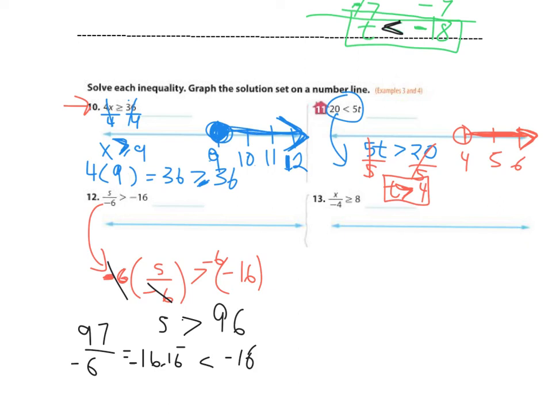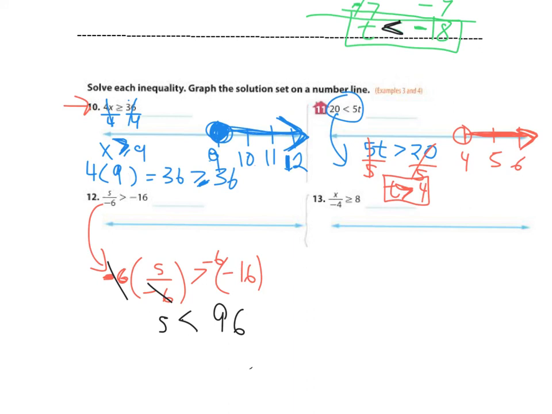So we're definitely going to talk about this a lot more, but I at least wanted to expose you to it. Whenever you multiply or divide by a negative number, you have to flip the inequality symbol. So let's go back and do that. Okay, pick a value that is less than 96 this time, like 95 or something. That's close, but it's still smaller than that.